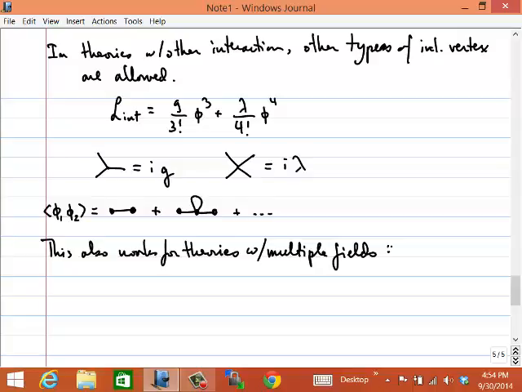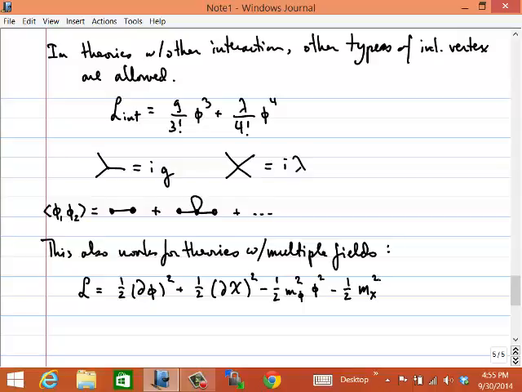So far in this course, we've mostly focused on a single scalar field, but of course we live in a world where there are multiple different kinds of particle, multiple different kinds of field. So, for example, you could imagine a theory of two scalar fields. I'll call them phi and chi.